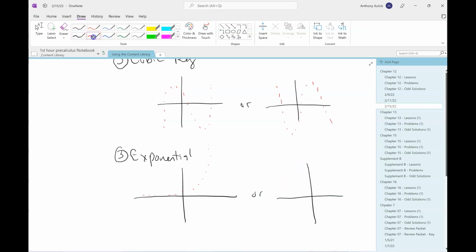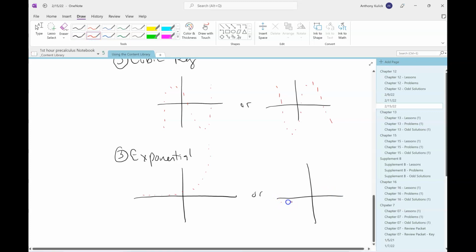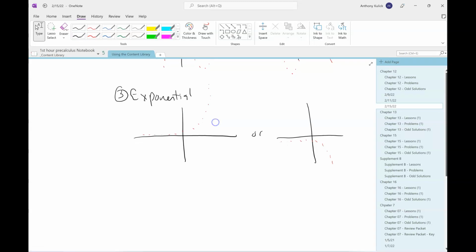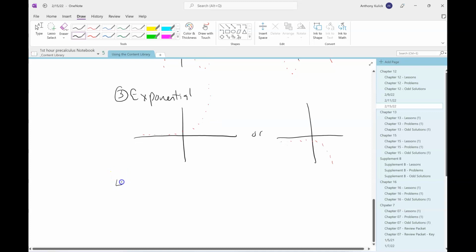What does an exponential look like? It starts out kind of flat and then gets real steep. We're buzzing through these because these are all shapes we should remember from our Algebra 2 class. We talked about quadratics and cubics and exponentials last year, so those shapes should be rather familiar.